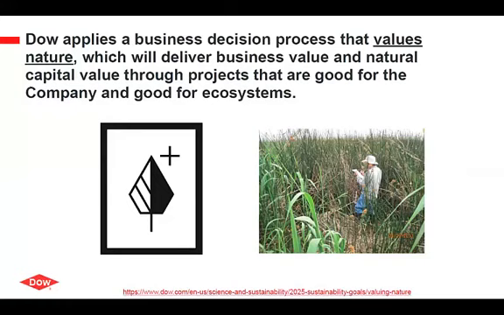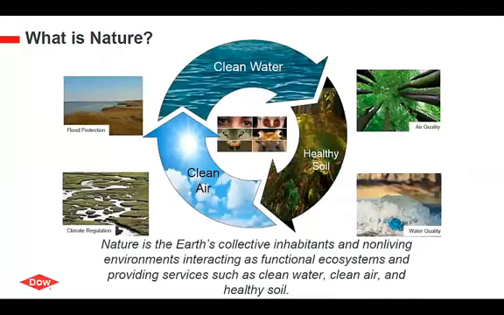Another challenge shown on the next slide is to really define what we mean by nature. It's a word we all use, and it perhaps seems obvious, but it really lacked an operationally effective definition for us to use in trying to understand our interaction with nature.